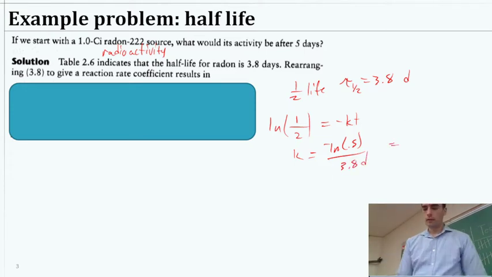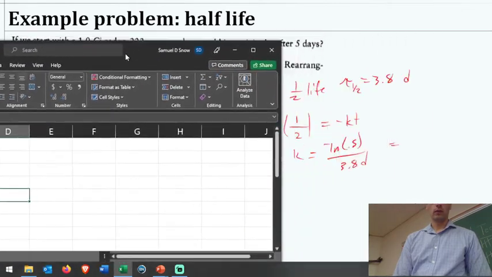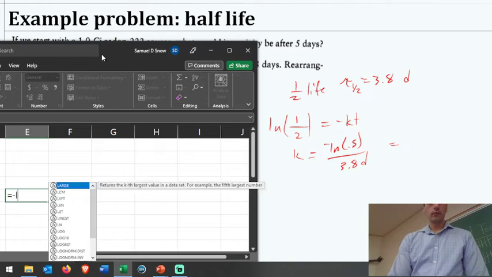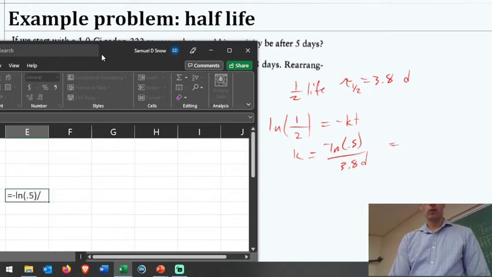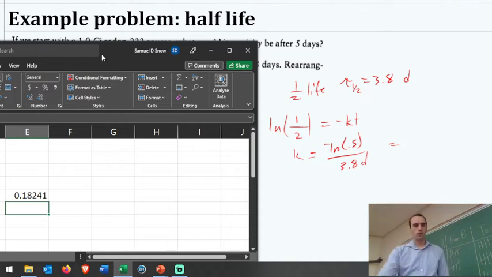And so when we do that, that should give us a k of 0.182 per day.